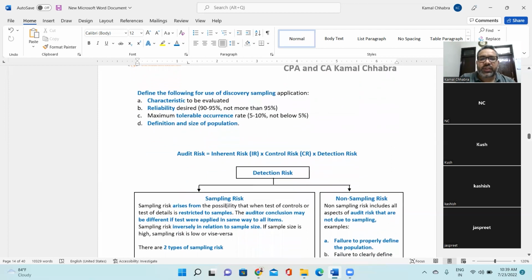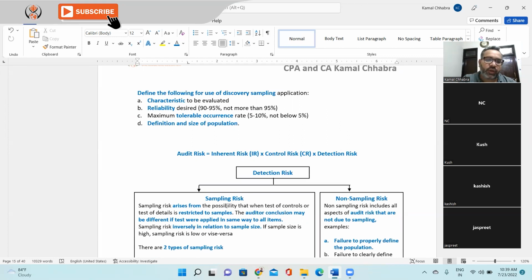And when you are using discovery sampling, you need to define the following. First one is the characteristics to be evaluated. What exactly do you want to evaluate? Reliability, your desired 90 to 95%, but not more than 95%, because this is generally for critical audit area matters, right?